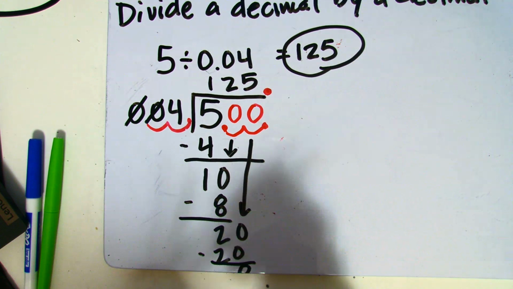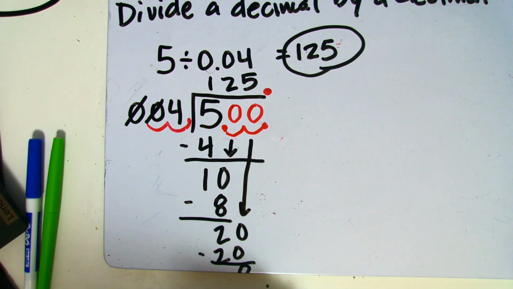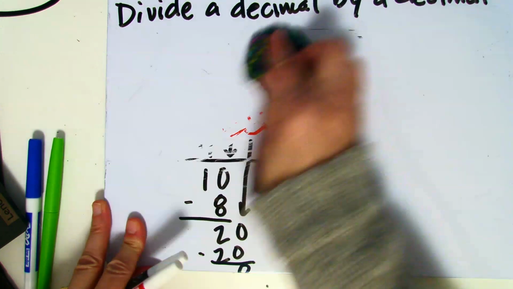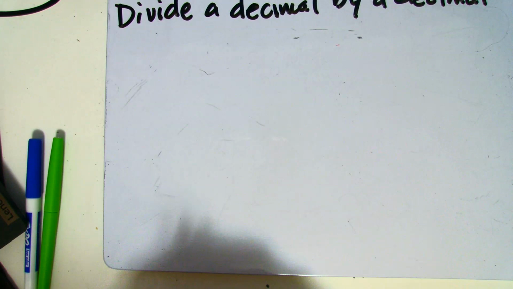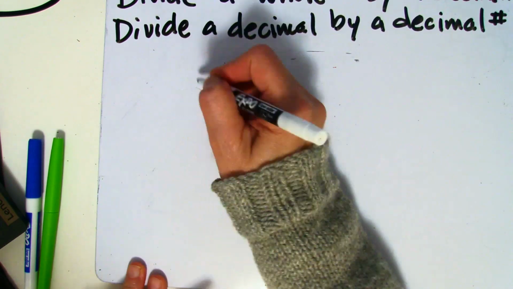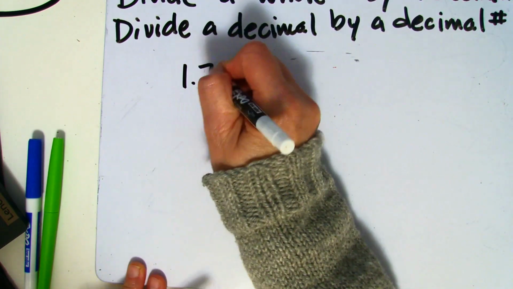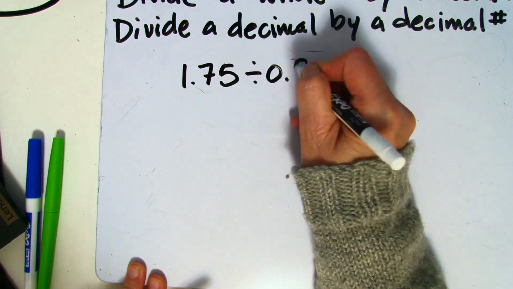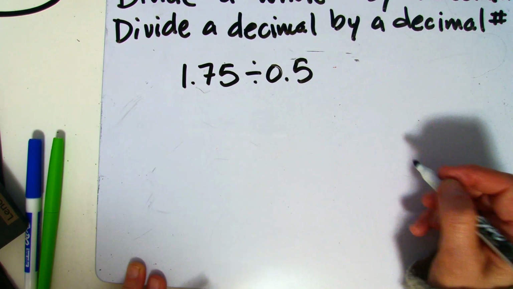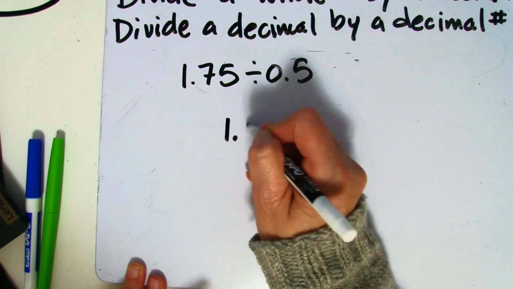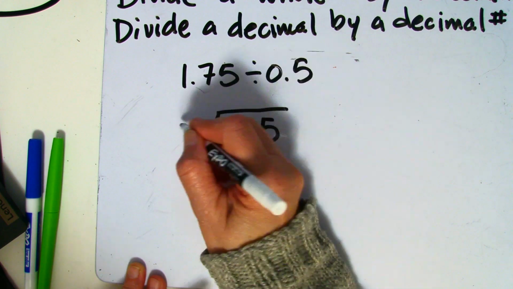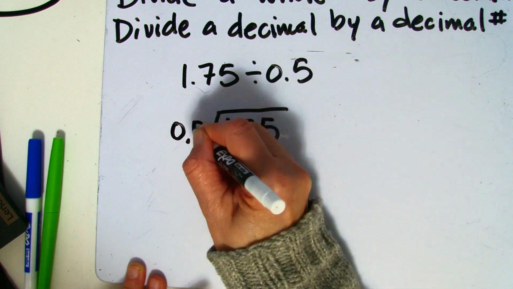Let's now look at a problem in which both the dividend and the divisor have a decimal number. In this example, we have 1 75 hundredths divided by 5 tenths. If I write it like I do normally with a division problem, it will look like this.